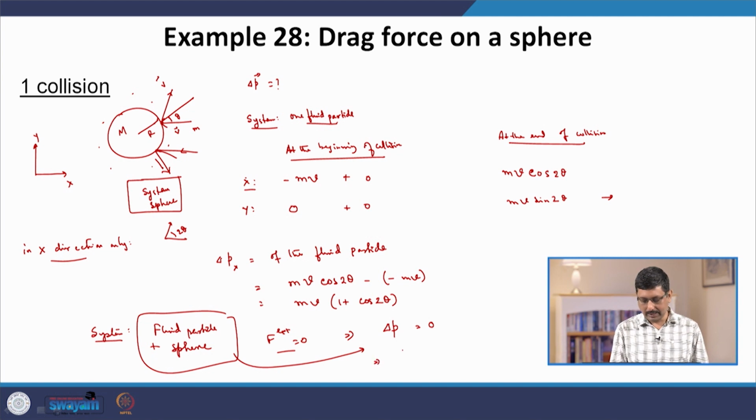That means, this is the change in the momentum of the fluid particle. So, the change in momentum of the sphere must be opposite of this change in momentum of the fluid particle.